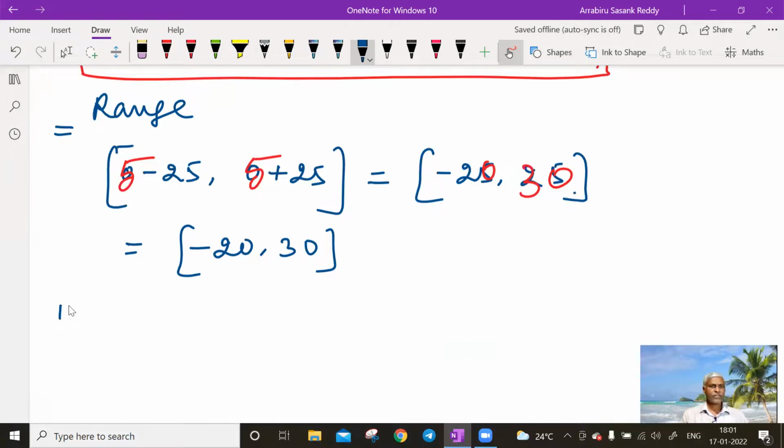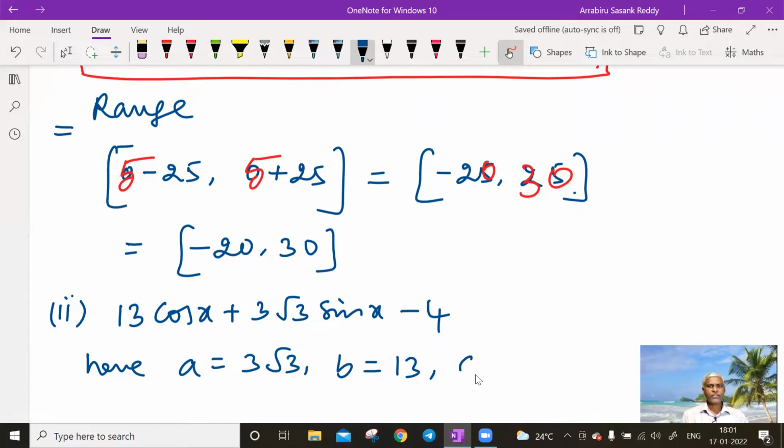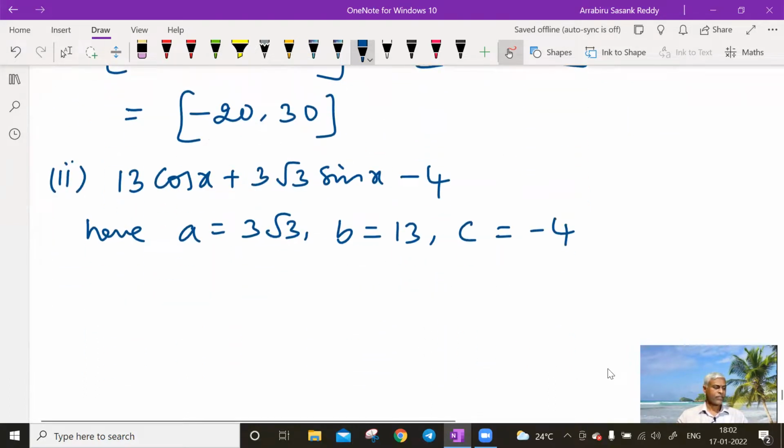Now let us take up the second bit, 13 cos x plus 3 root 3 sin x minus 4. Here a is 3 root 3, the sin x coefficient, b, the cos x coefficient, is 13, and the constant is minus 4.